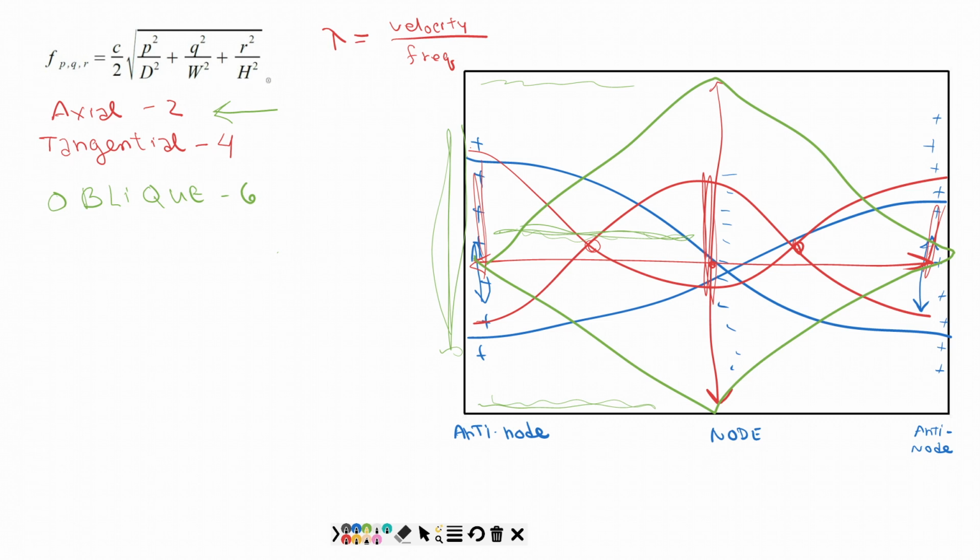frequency. Now, what you're going to discover is if you start doing this, these are going to sort of gather up very quickly. In other words, the very first few that you calculate with the axial, they're kind of spread apart. But then the gaps start getting filled in with these higher order things. And yes, on the oblique version, you're going to put a number in for P, Q, and R. There are going to be no zeros in here, right?